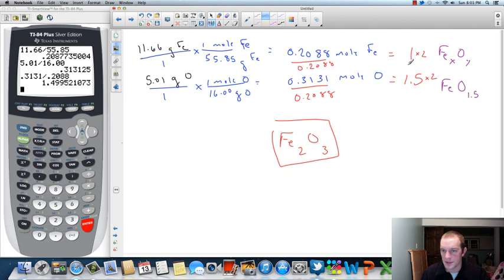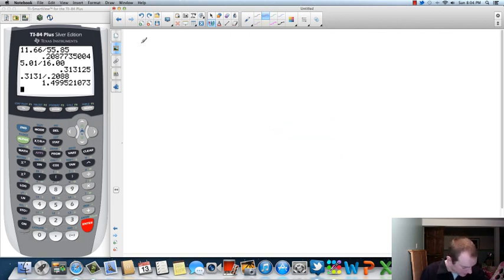The problem is that the oxygen became 1.5 moles. Because 1.5 is not a whole number, multiplying it by 2 turns it into 3. But if we multiply this by 2, we also have to multiply the iron by 2 as a consequence. A 2 to 3 ratio is the smallest whole number ratio. Okay, pretty straightforward.